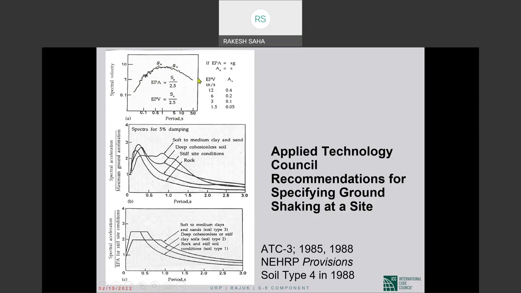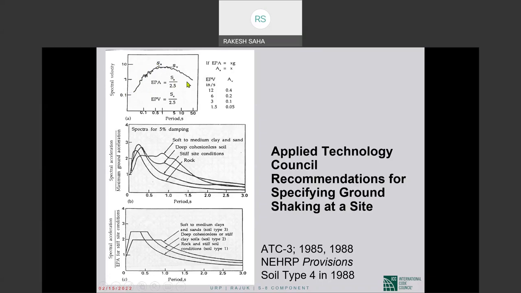This is the constant displacement part of the spectrum. The spectral acceleration divided by 2.5 will give us, remember, peak ground acceleration. Okay, so that is called effective peak acceleration.